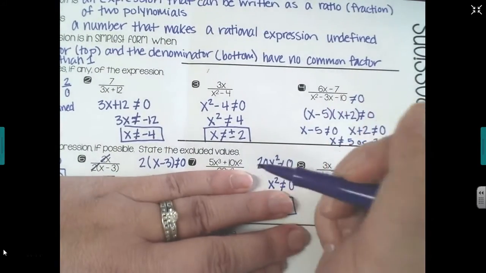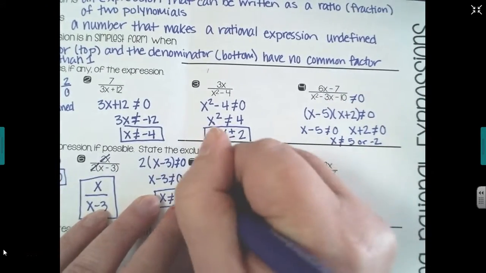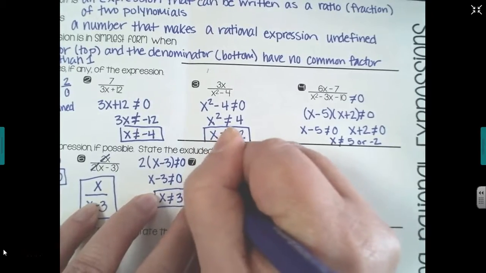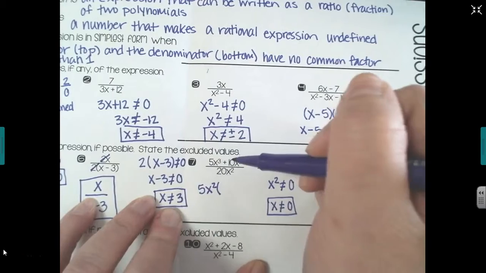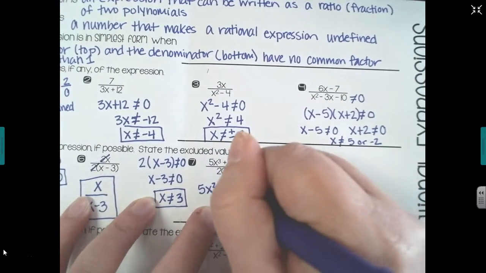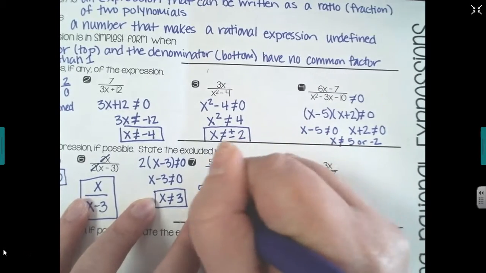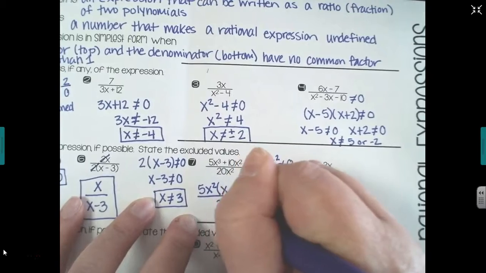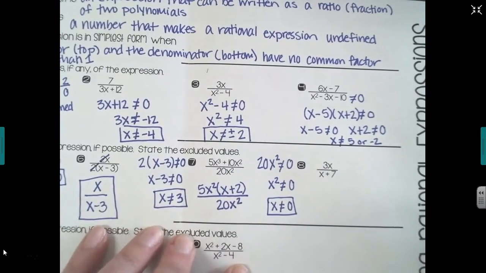We have a common factor here of 5x squared. So we're going to factor that. When we factor out that 5x squared, or divide out that binomial, we're going to be left with an x plus a 2. And this is over 20x squared.